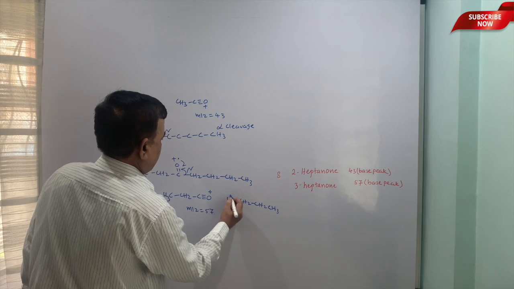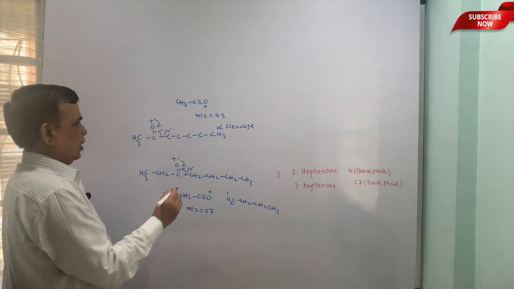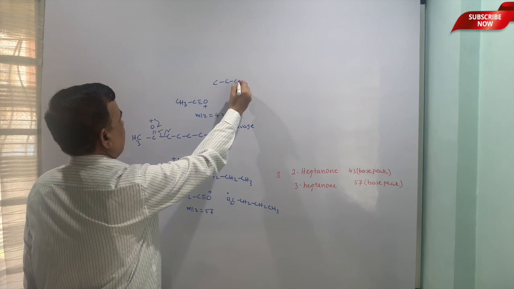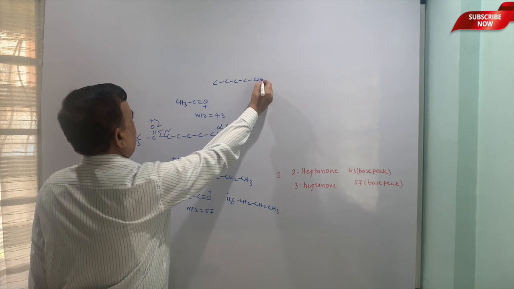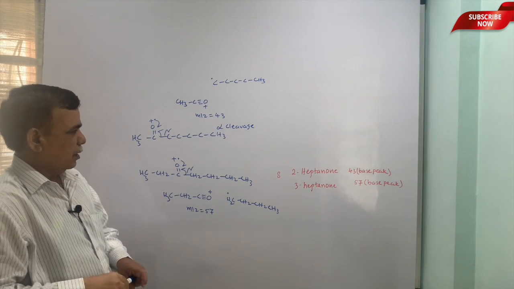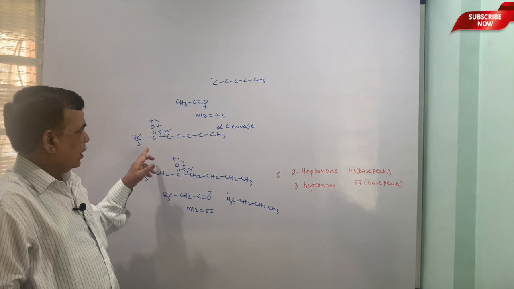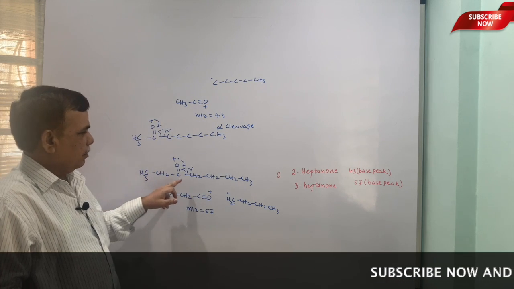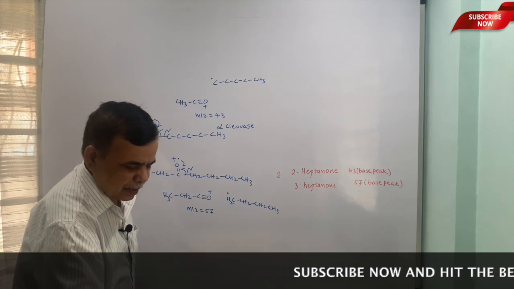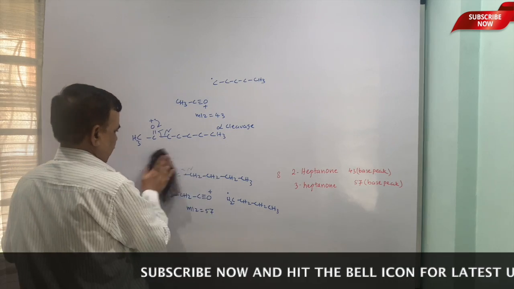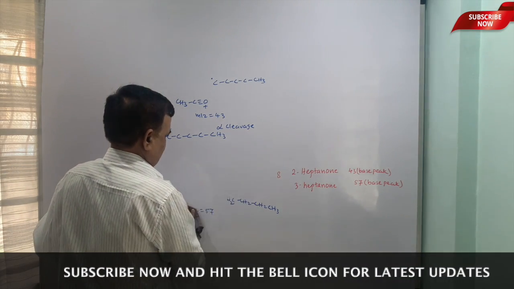So here also the remaining portion would be a radical. You can put hydrogens, but that is a minor thing. 43 100%, 57 100%, both these peaks are resulting because of the alpha cleavage which is occurring in these ketones.